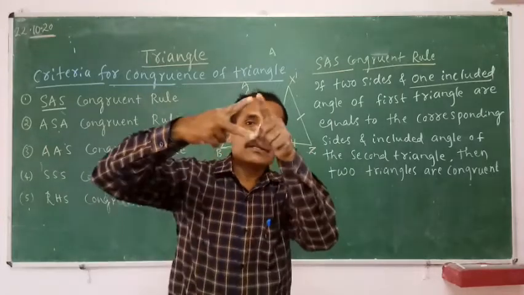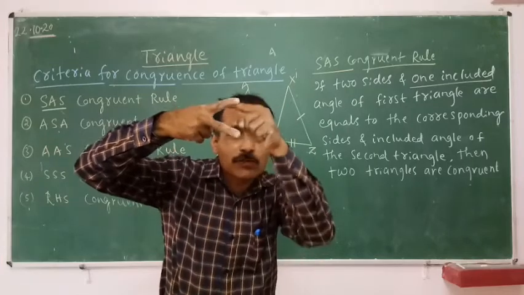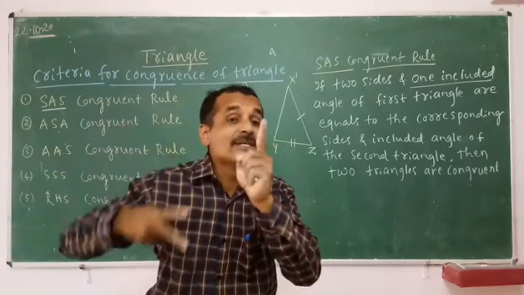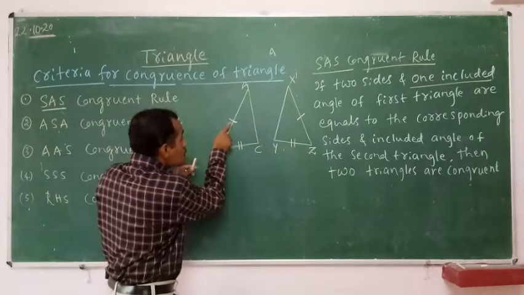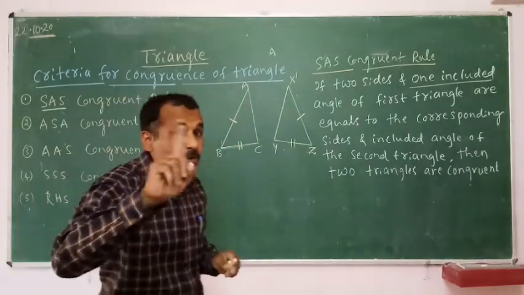Included means, see, this is one side, this is another side. The angle which is in between these two sides is called included. Now when I have chosen these two sides, I can't take this angle. This is not called an included angle.